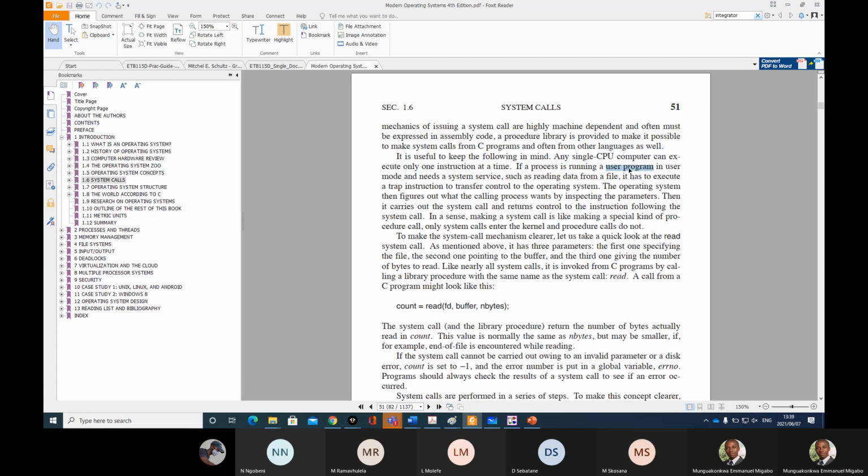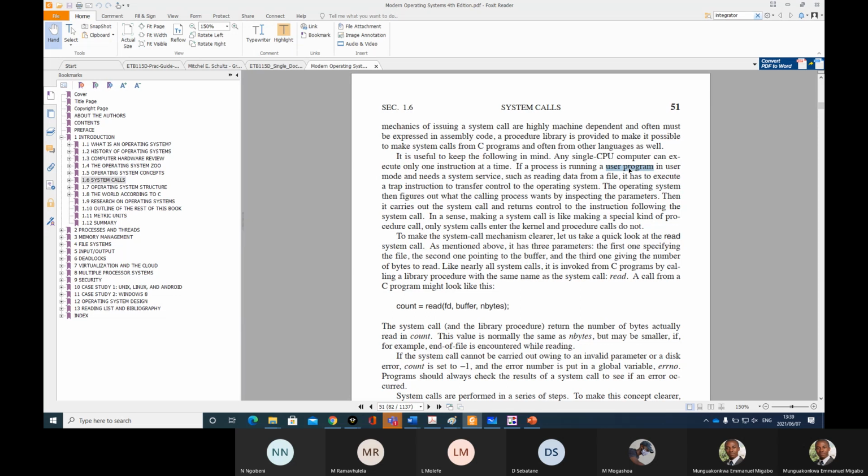This value is normally the same as nbytes. This is in the case where you're trying to read the entire file. We will play around with this in Linux as we read a file through the console, for example. Unlike in Windows, where to read a file we just double click on it and it will open.